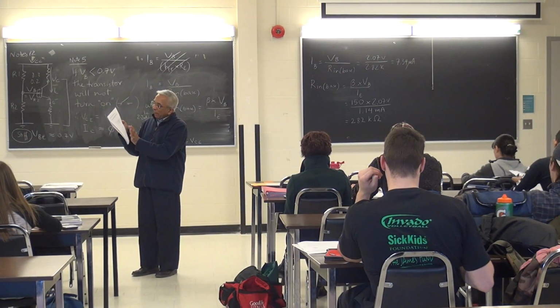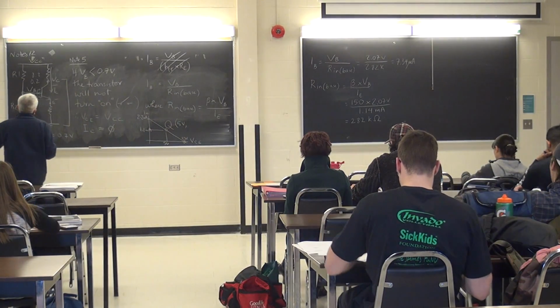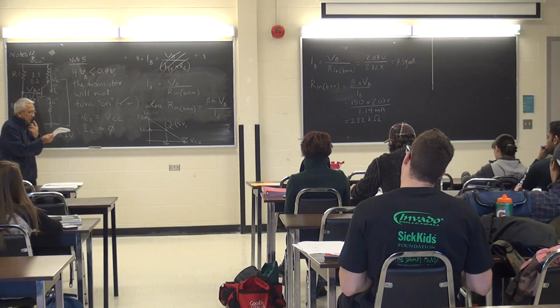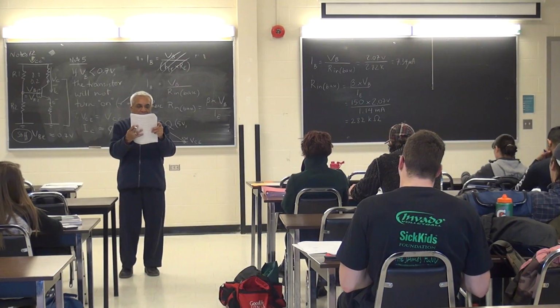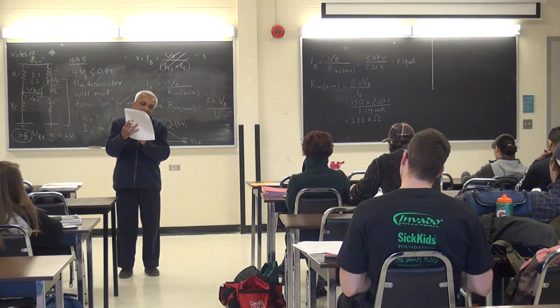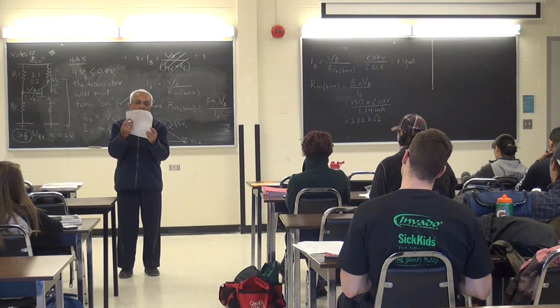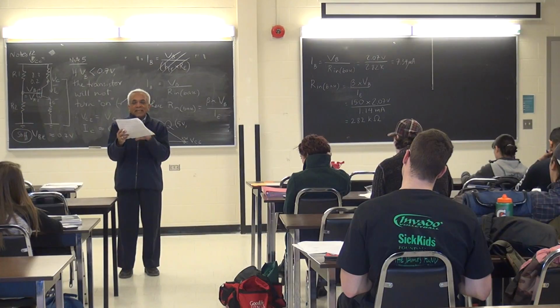What if this R in base, beta times RE, is less than 10 times R2? If that's the case, we have to do a fairly complicated calculation, and it involves a thing called Thevenin's theorem. We're not going to cover this in our class.